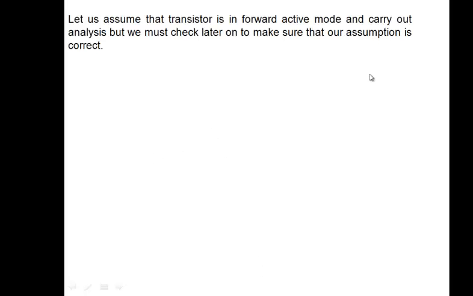So when I'm not sure whether it's forward active or saturation, I say, well, let me assume it to be forward active. We carry out our analysis, and then at the end we check for consistency. Are our results consistent with our assumption or not? If it is self-consistent, then we say our assumption was correct. If we end up in contradiction, then we say our assumption was wrong. Okay, so that's the method here.